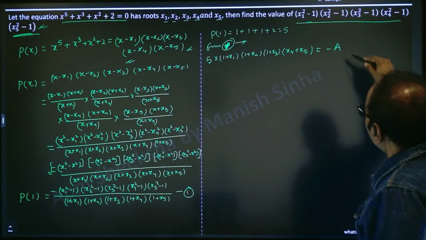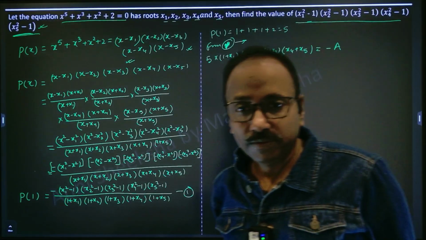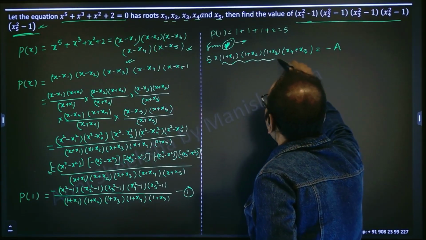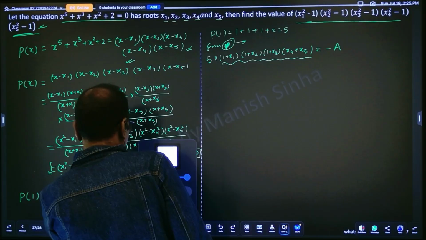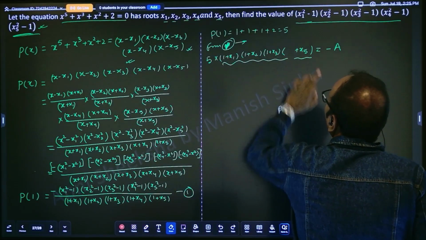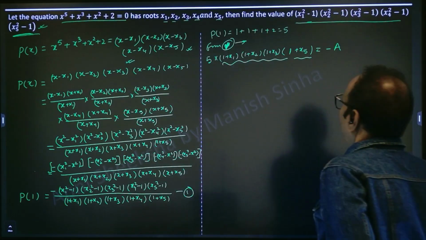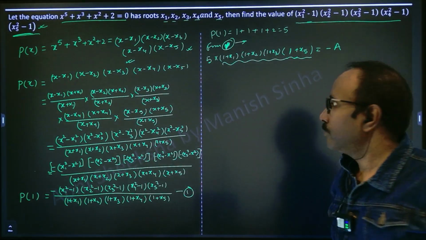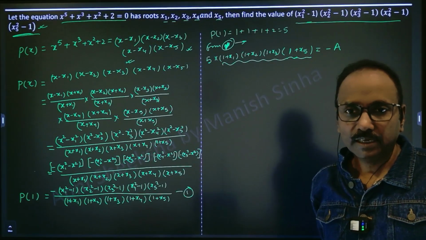Now our aim is to find the value of A. So to get the value of A, we must know the value of 1 plus x1, 1 plus x2, 1 plus x3, 1 plus x4, 1 plus x5, the multiplication of all those factors, right?